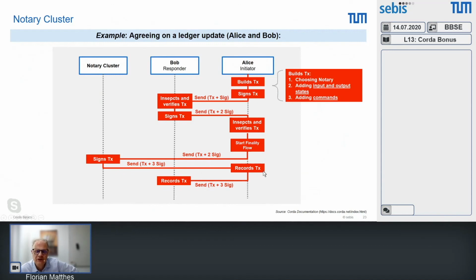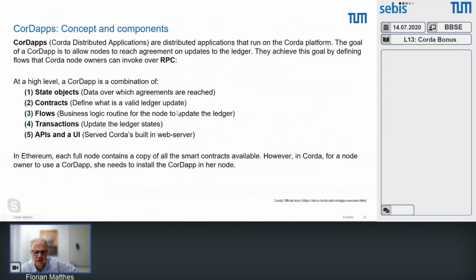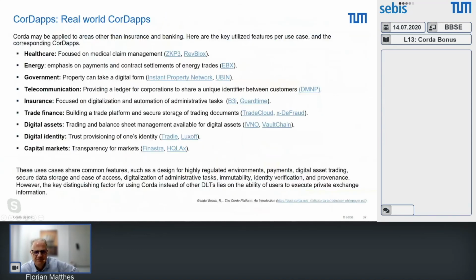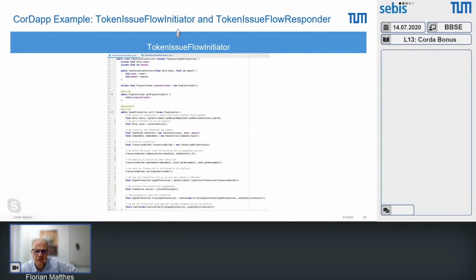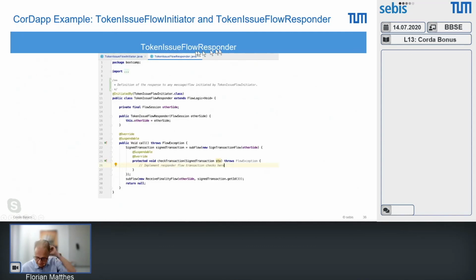In between, she now used this responder workflow, and this responder workflow is defined in a different class. So this was the flow initiator, which was Alice in our case on the right-hand side, and she used the token issue flow responder workflow, which is defined here. The token issue flow responder is again a flow logic.